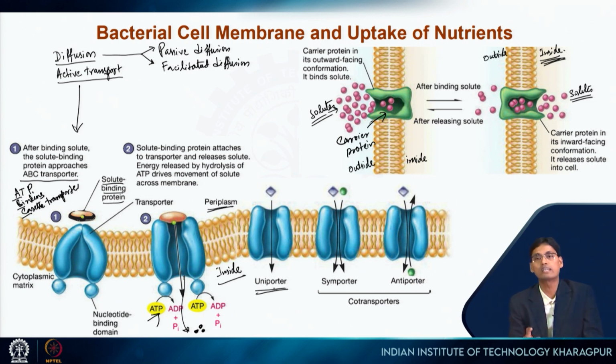This is uniport, one thing is coming. In co-transport, two substances, like one can be an ion and one can be something else, are moving. If both of them are moving in the same direction, it is called a symporter, and if two things are going in opposite directions, it is called an antiporter.